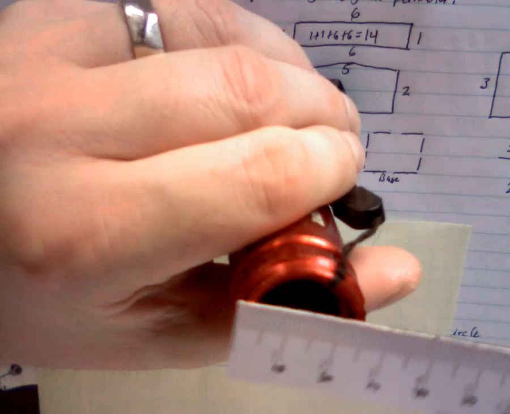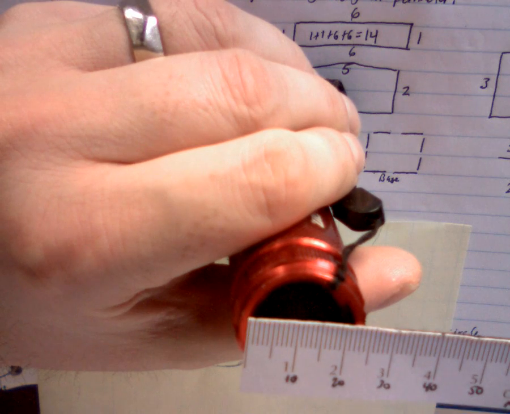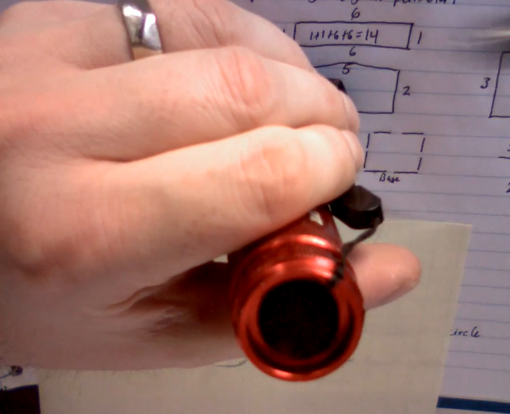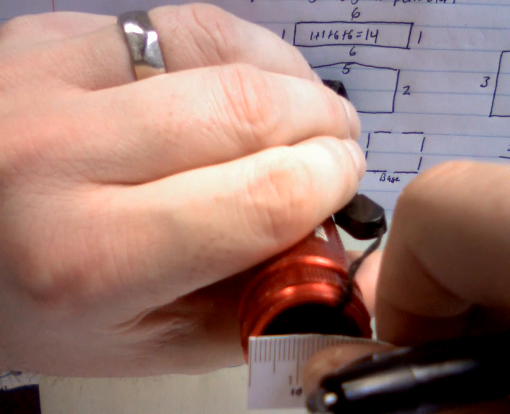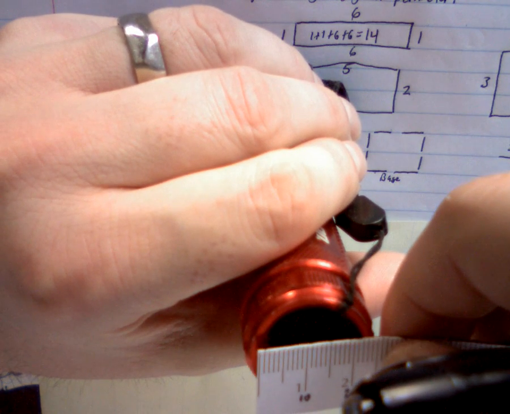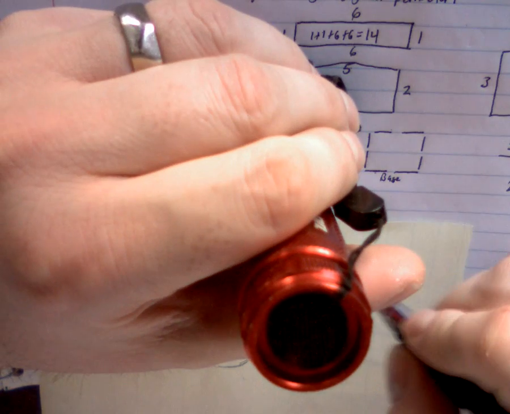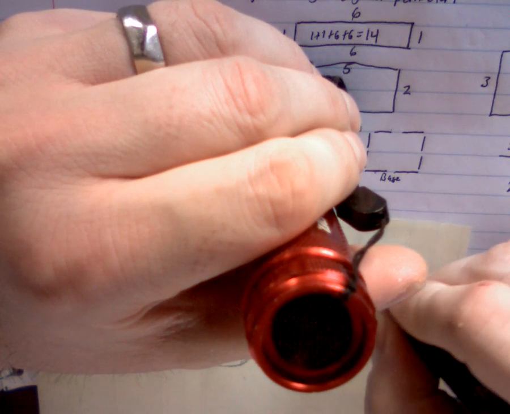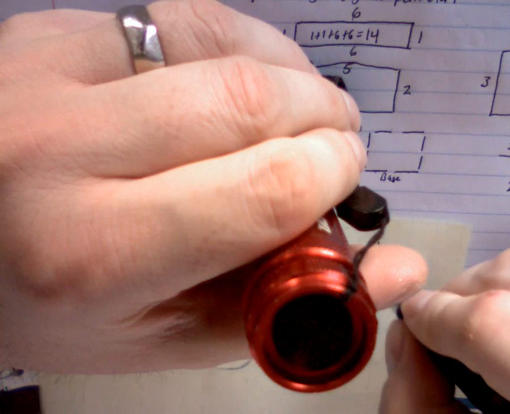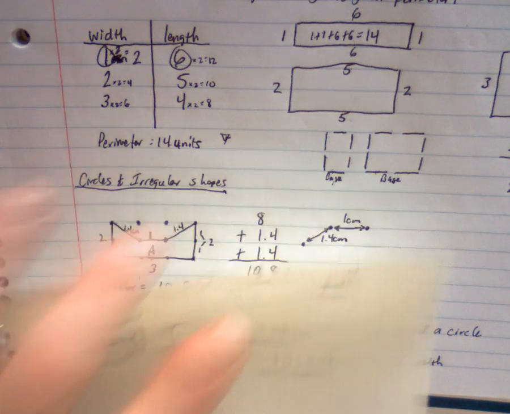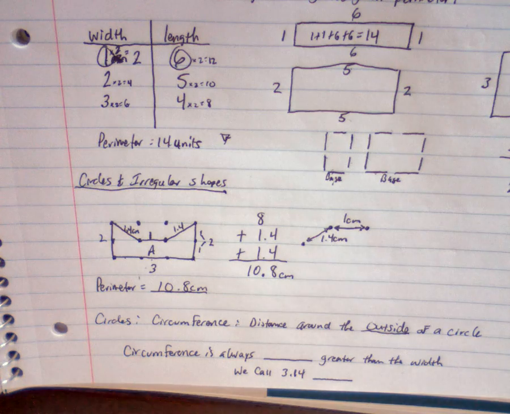Well, if I measure from side to side, the width of this flashlight is 2.3 centimeters. So I have a circumference of 8.9 centimeters and a width of 2.3 centimeters.